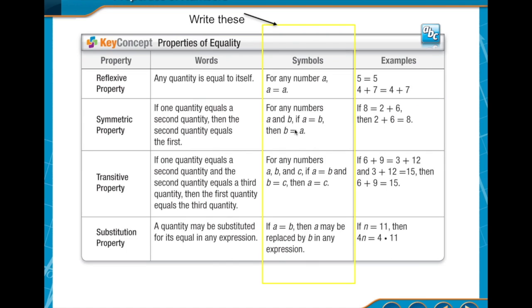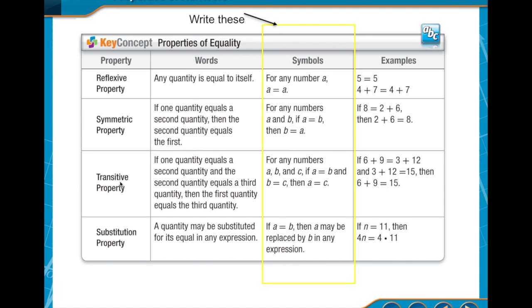It's just written backwards. So if we look at an example, if 8 equals 2 plus 6, then we can flip the order of those and say that, put this second term first and say 2 plus 6 must also equal 8. So all we did was kind of flip those around, put the second term first and the first term second. So that's symmetric. So you have those two written down.